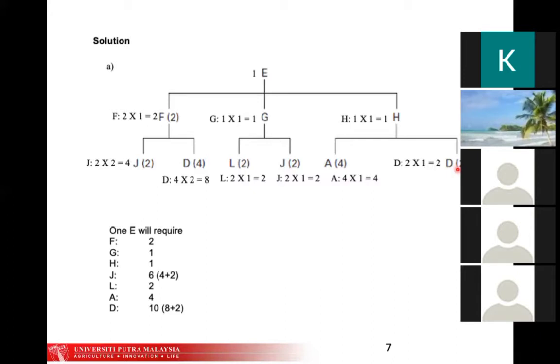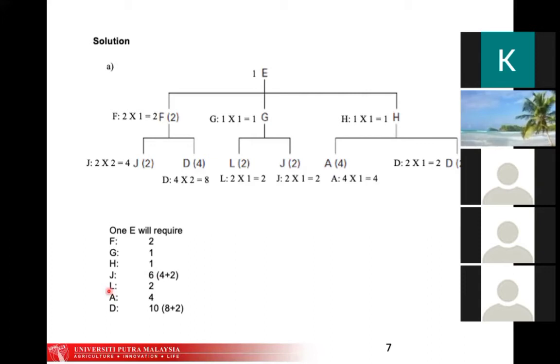Now we calculate the quantity of each component required to produce 1 E. So from the diagram, we can already calculate F equals 2, G equals 1, H equals 1. J occurs in 2 places, so 4 plus 2 equals 6.